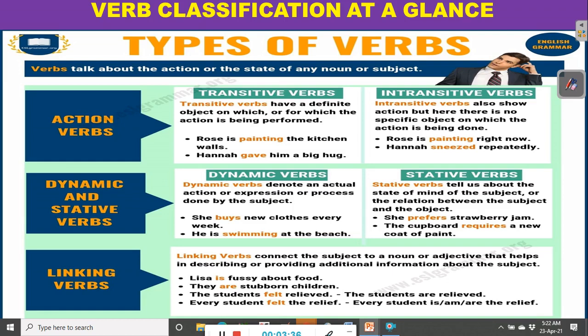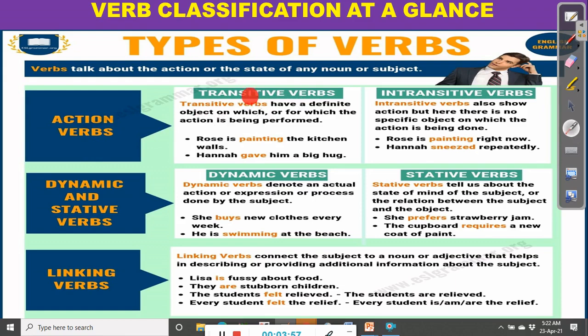All right. So here we look at action verbs, and action verbs can be classified or subclassified into transitive verbs and intransitive verbs.